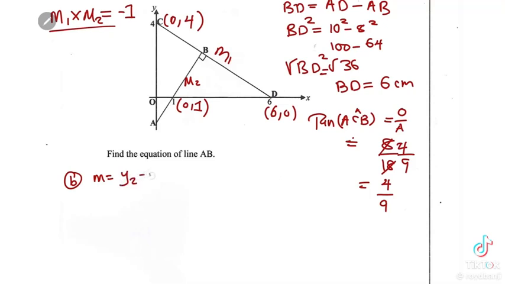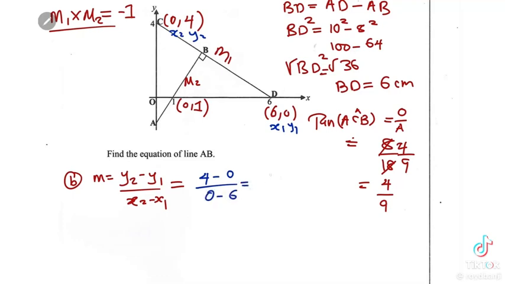So y2 minus y1 over x2 minus x1. What are the points? We can use this one as x1, y1, x2, y2. So we are going to have 4 minus 0 divided by 0 minus 6.